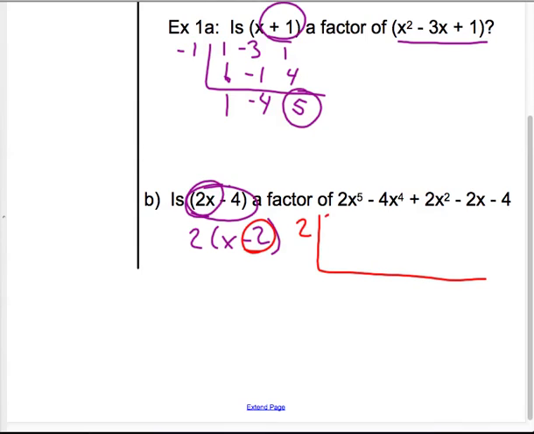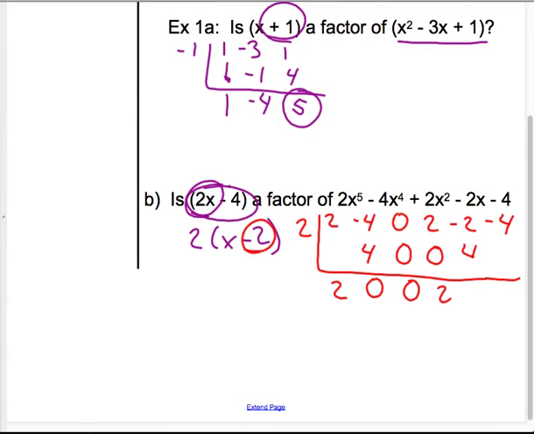My coefficients are 2, -4, 0x cubed, 2, negative 2, negative 4. Bring down the 2, times 2, add, times 2, add, times 2, add, times 2, add, times 2, add. So again, my last term right here, because it's a 0, it means there is no remainder. So 2x minus 4 is a factor of the polynomial.